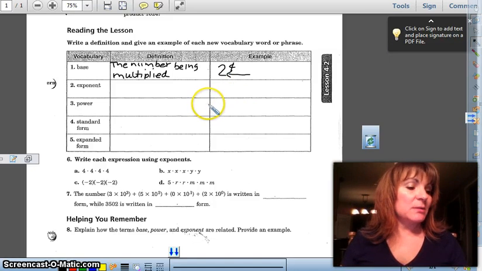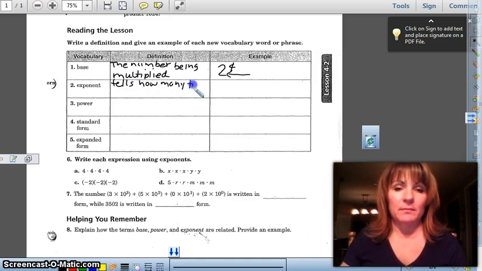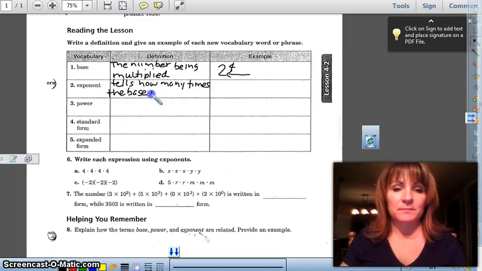The exponent's the number that tells how many times the base is being used as a factor.